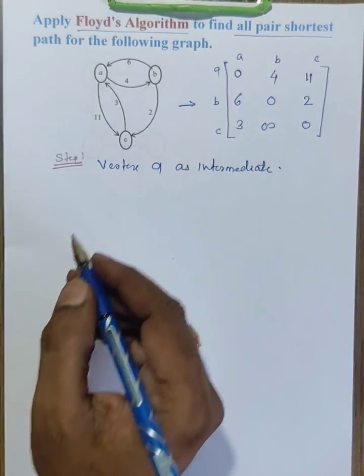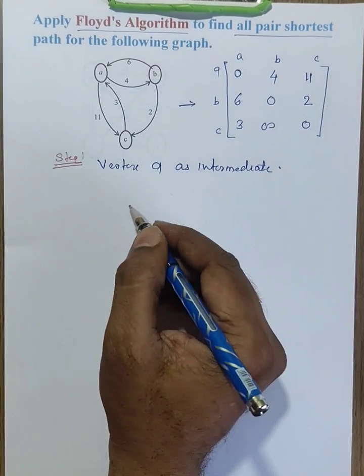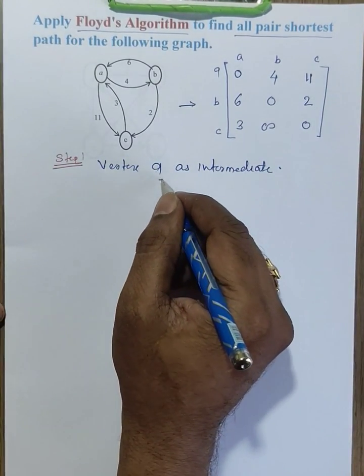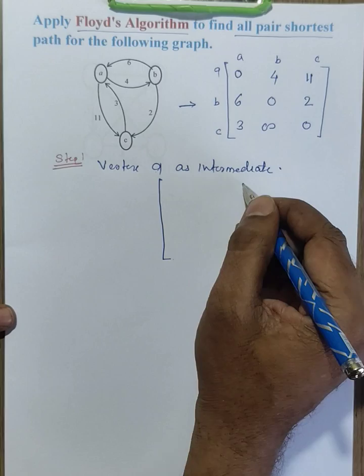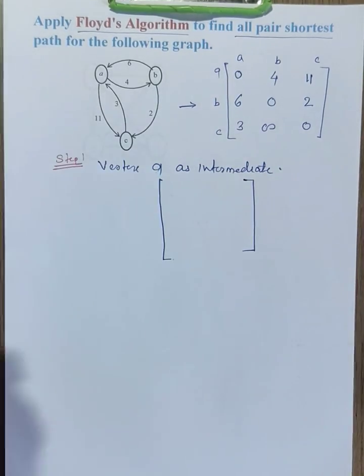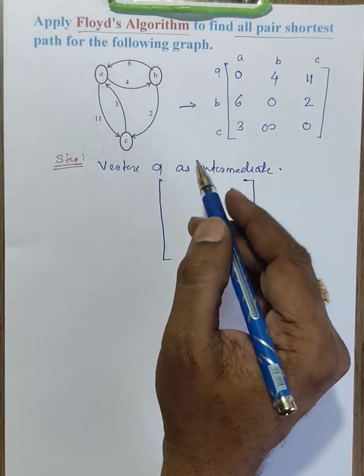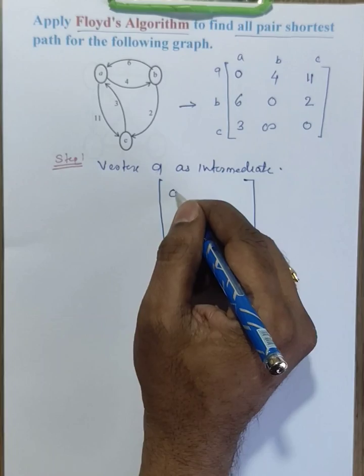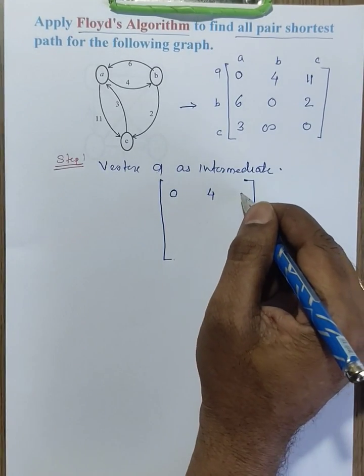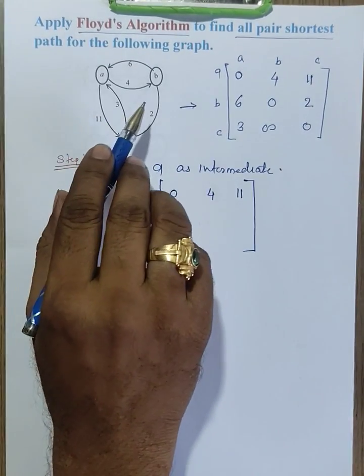If vertex A is an intermediate vertex, means using A we can take transactions. If A is intermediate, then A row will get same value. A itself as an intermediate means first row will get same values.